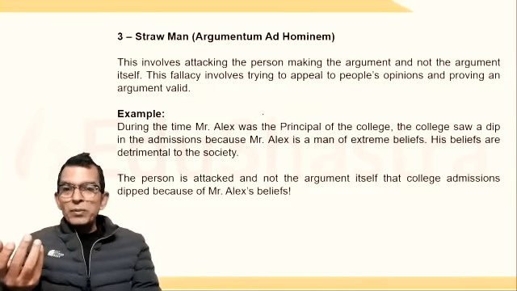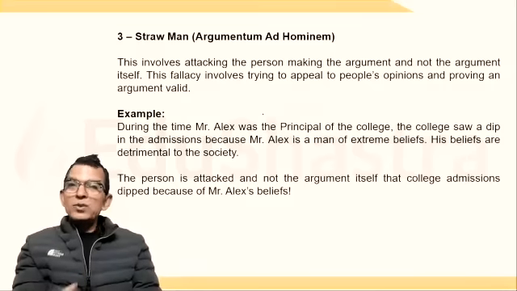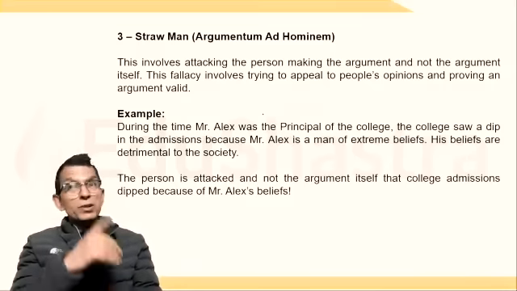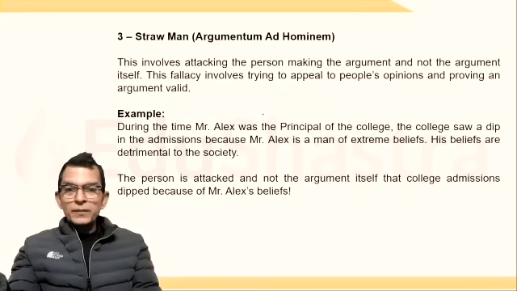This fallacy involves trying to appeal to people's opinions and proving an argument valid because the person is not good or the person is very good. The person is very good, therefore his policies are very good. The person is not a good person, therefore all the policies he makes are bad policies. Not because of the personality, we actually look at the argument.